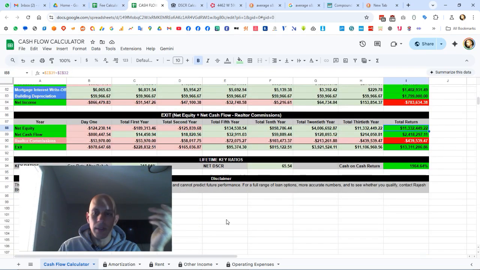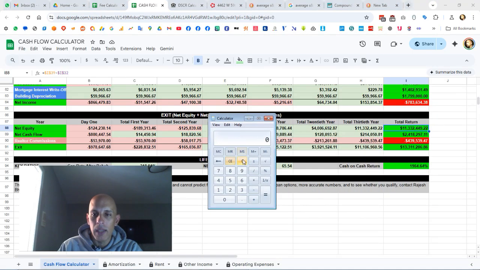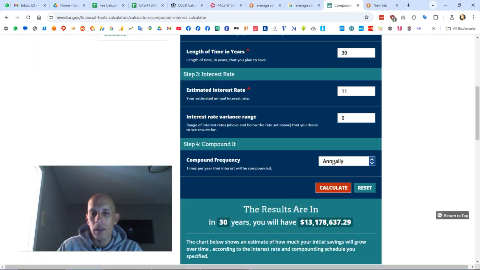You'd be able to get up to 70% equity, so you'd be able to do a cash-out refi at 11,332,449.22 times 0.70, and by that time you're fully paid off the building, so you'd be able to pull out roughly $7.9 million tax free.